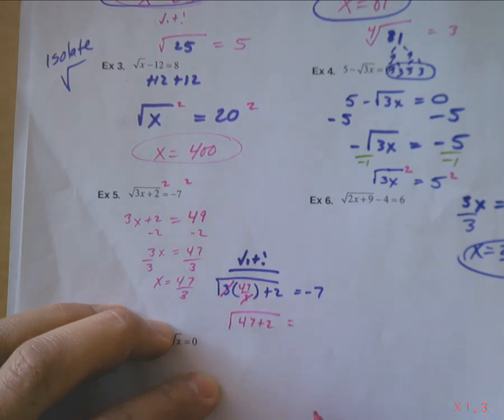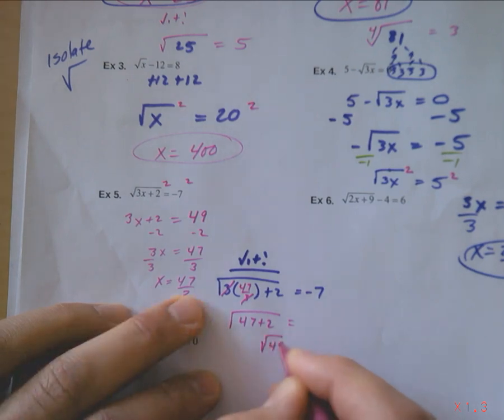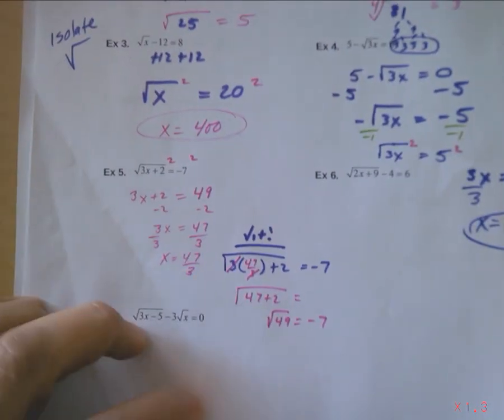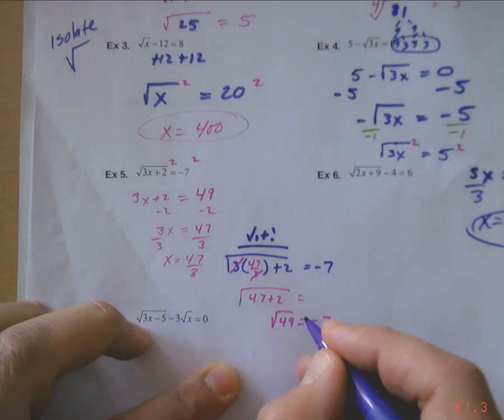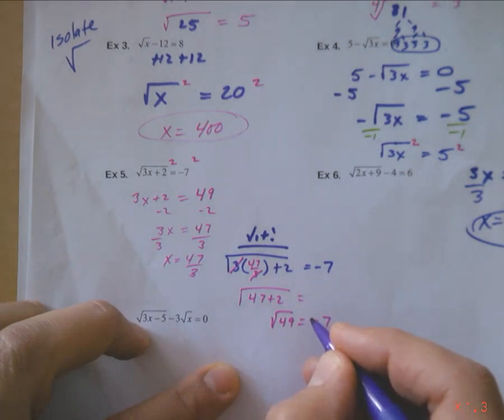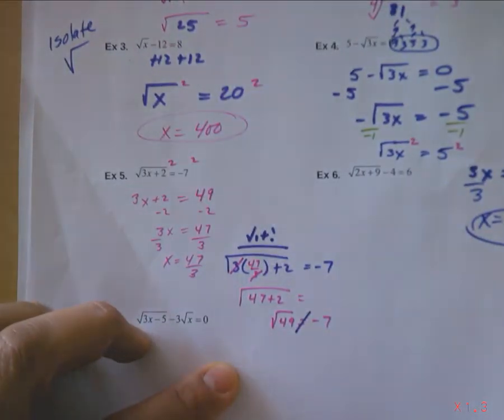What's 47 plus 2? 49. Is the square root of 49 equal to negative 7? What do you think? Plug it in. What's the square root of 49? 7. Okay, so the square root of 49 is not negative 7, it's positive 7.